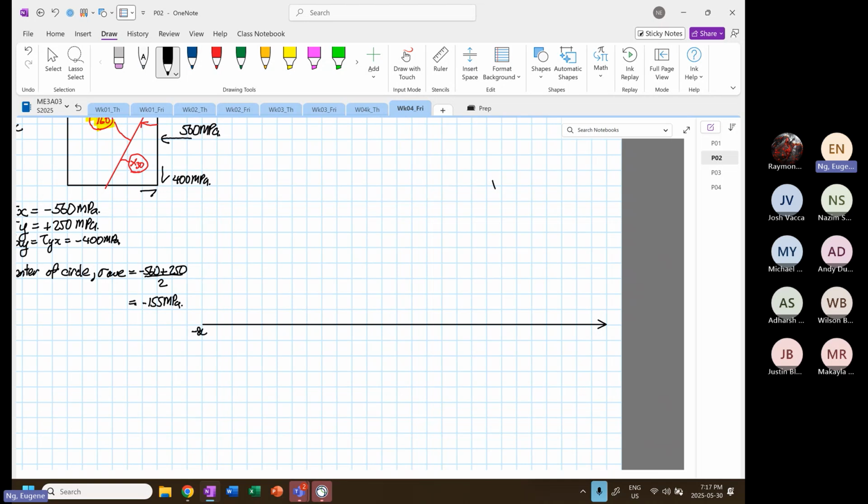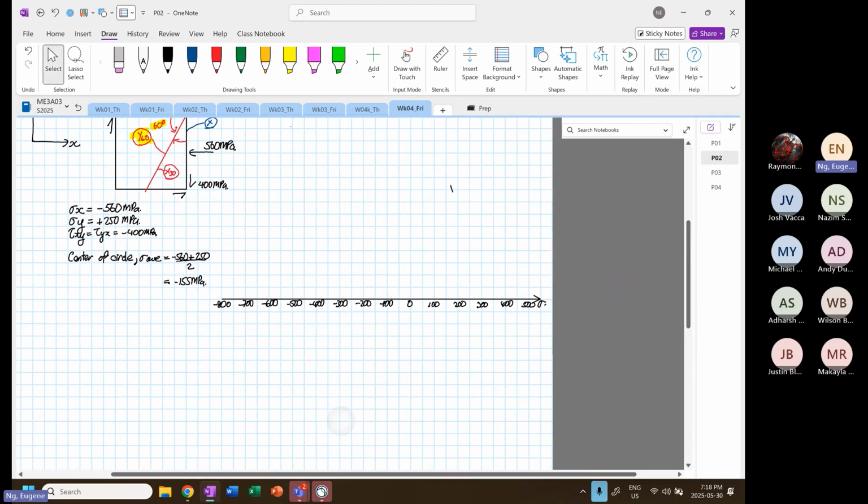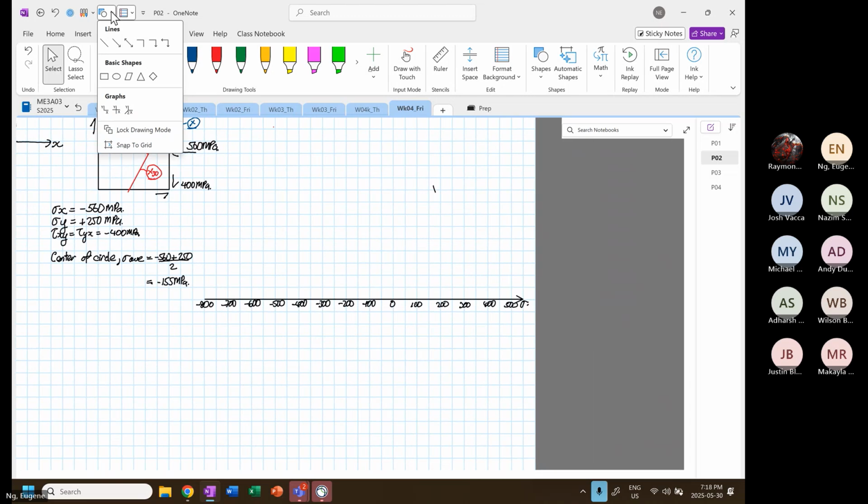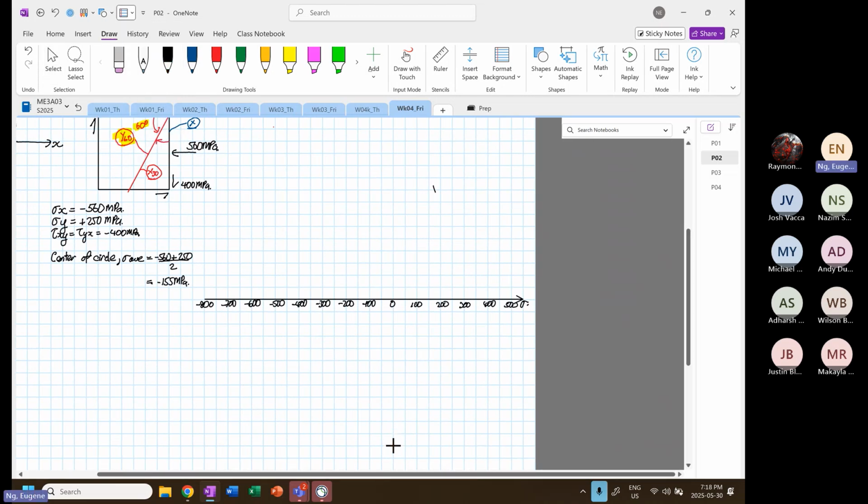So minus 800, minus 700, 600, 500, 400, 300, 200, 100, 0, 100, 200, 300, 400, 500. Okay, so this is our normal stress. Then we are going to draw our scale for our shear stress.